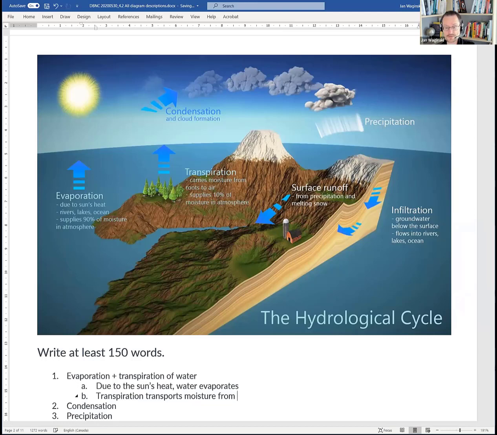Right, so it takes the moisture up from the soil through the plant and out into the air. So, transfers moisture from... Can't we say trees as a whole instead of describing the whole process? No. Into the air.